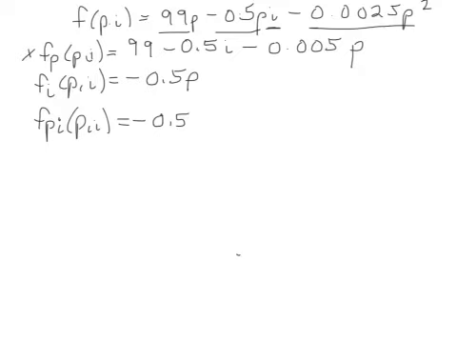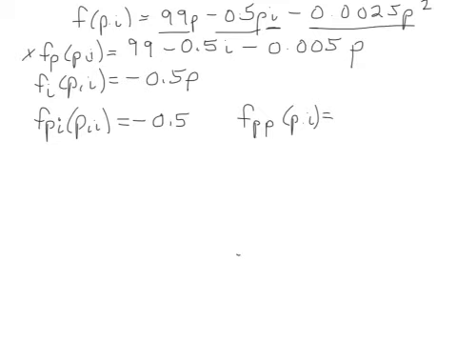Okay, so let's take the second derivative with respect to p again. Okay, so now we're looking at the first derivative with respect to p, so the same one we were just looking at. We're taking the derivative again with respect to p, so any term with an I in it will be considered a constant. So we have the first term, 99, that's a constant anyway.